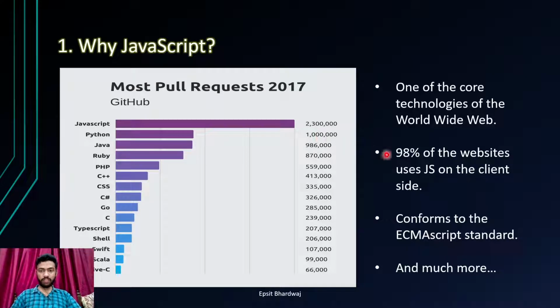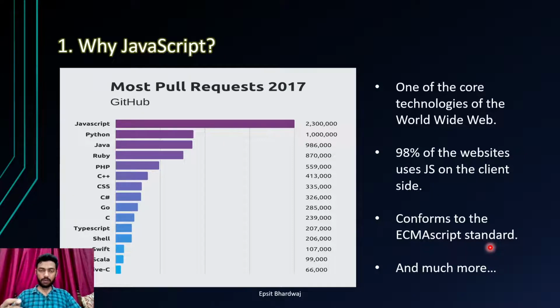This is because 98% of the websites use JavaScript on the client side, which basically means that on the user interface side, where the user is interacting with the website, it's the JavaScript that's defining the functionality. JS conforms to the ECMAScript standard, which we are going to understand in the upcoming section.